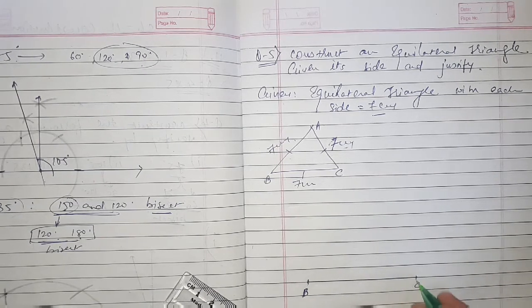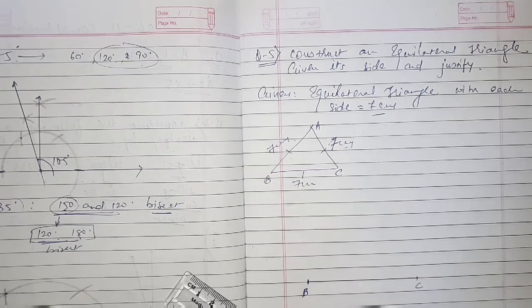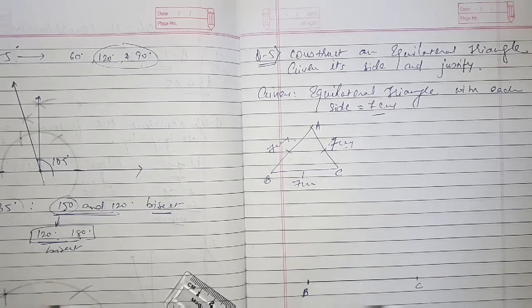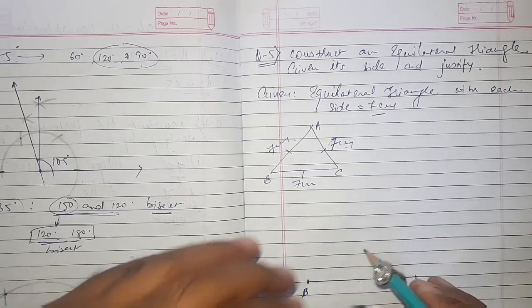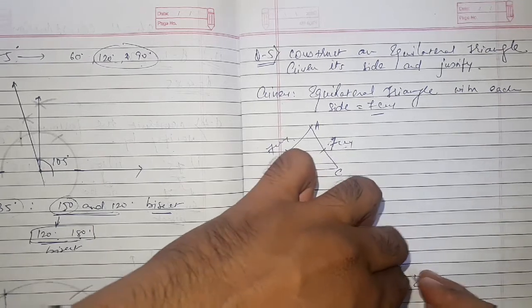Now from B and C, take the same measurement 7 centimeter.